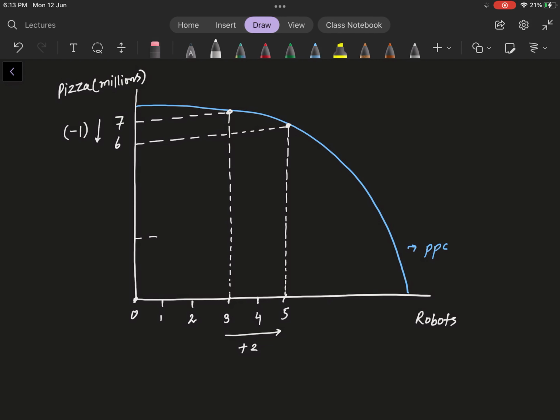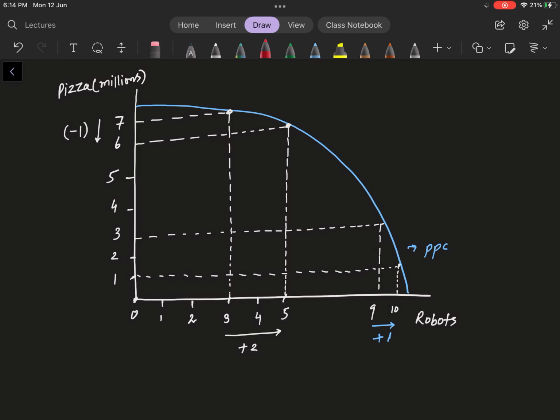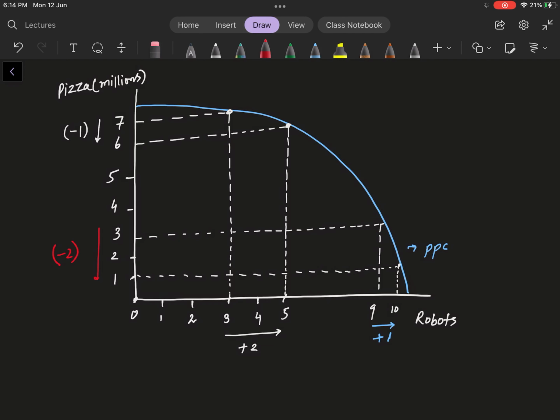But let's see what happens as we move down the PPC curve. Let's say we are at a point where we are producing 3 million pizzas and 9 robots. When we produce an additional robot from this point onwards, we have to give up 2 million pizzas for just 1 extra robot. The difference here is that previously we were producing 2 additional robots and only giving up 1 million pizzas.